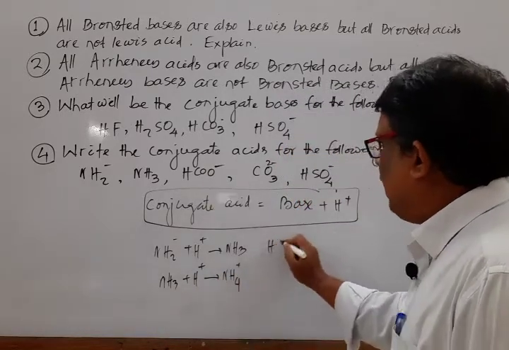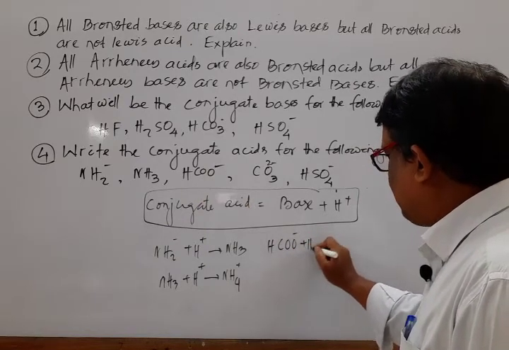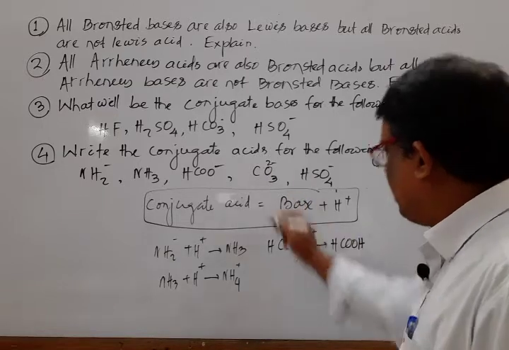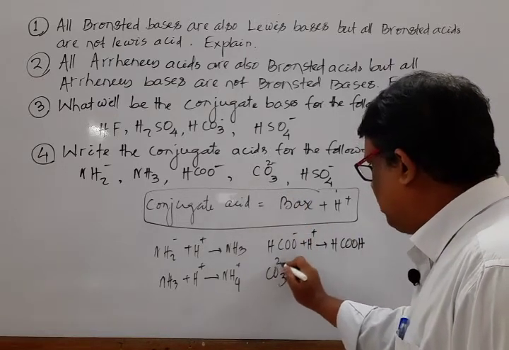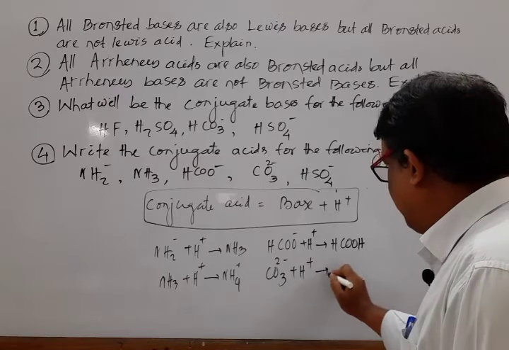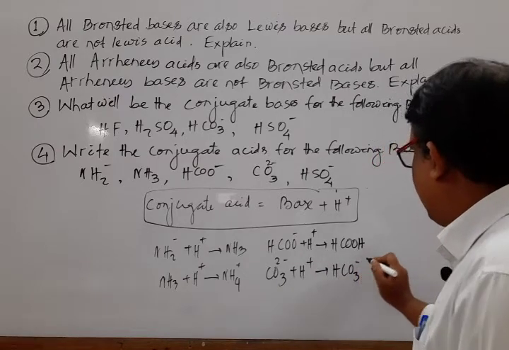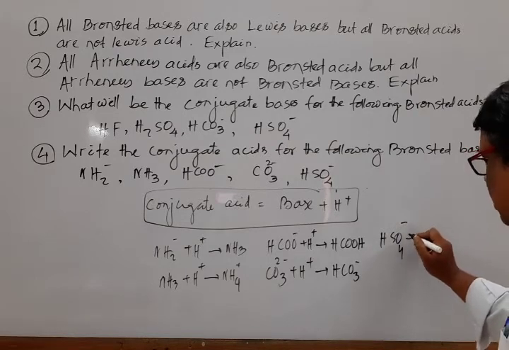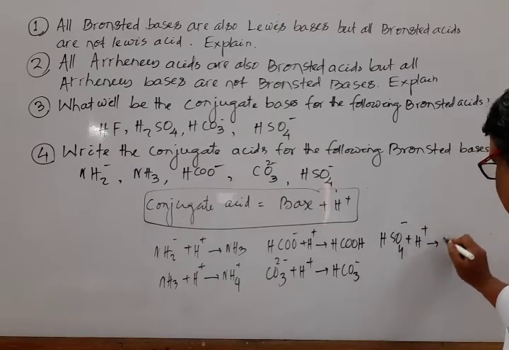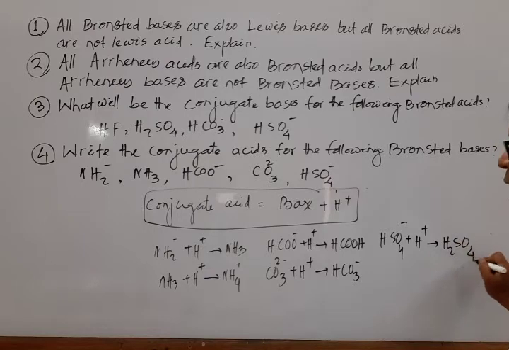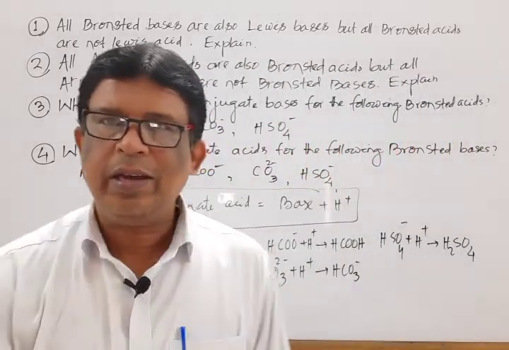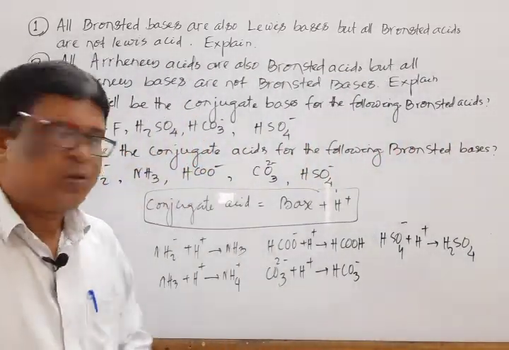This one, HCO minus plus proton gives rise to formic acid, HCOH. This one, carbonate ion CO3 2 minus plus proton gives rise to bicarbonate ion. This one, bisulfate ion HSO4 minus plus H plus gives rise to sulfuric acid. These are the conjugate acids of the given bases. Okay, move to the next question.